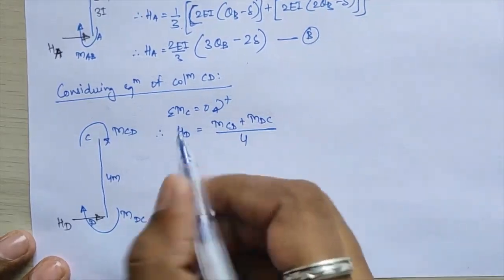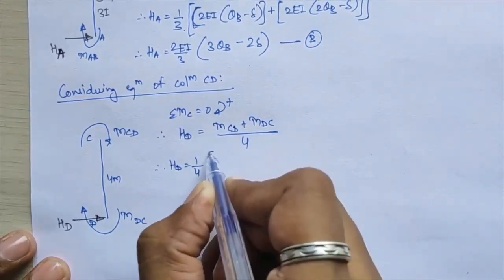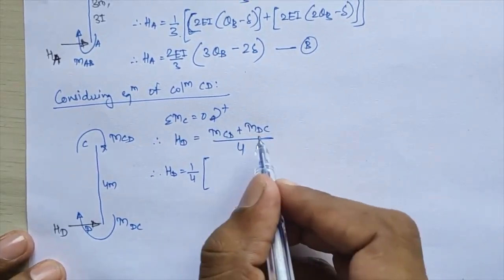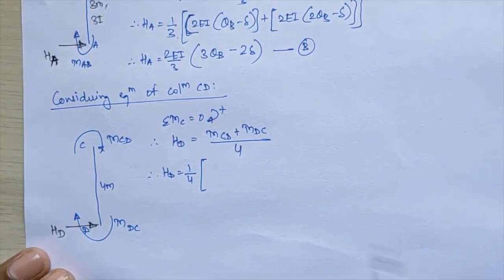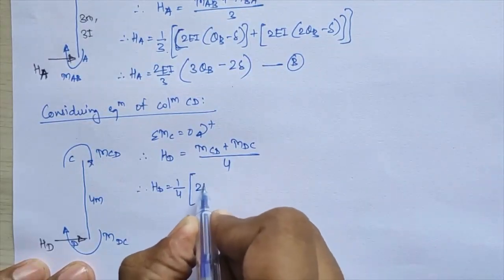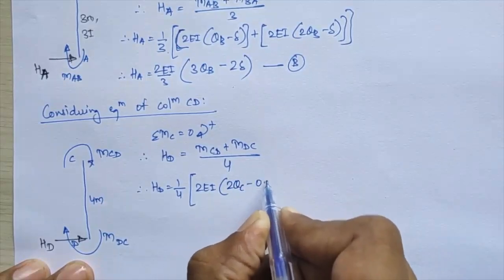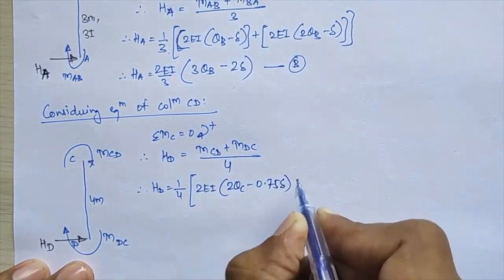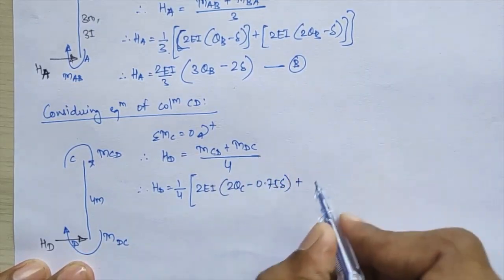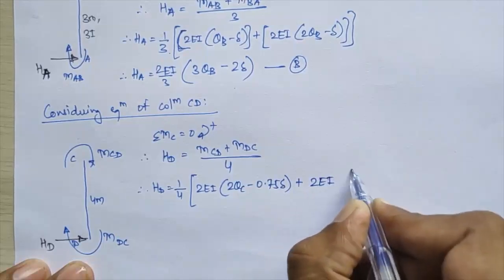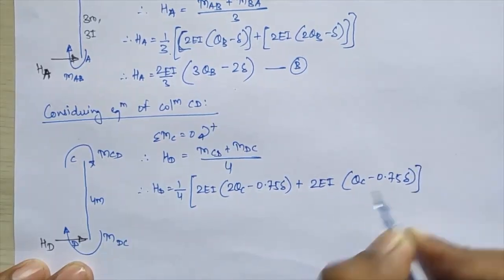Here again I'll take 1 by 4 common and substitute the values of MCD and MDC, that is equations number 5 and 6. Equation number 5 is 2 times EI into bracket 2 theta C minus 0.75 of delta, plus the equation for DC, again 2 times EI into bracket theta C minus 0.75 of delta.